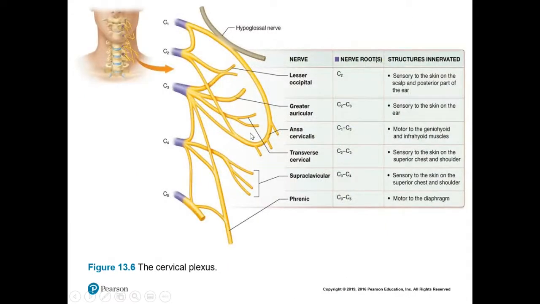Okay, so let's get a bit more specific. What we're looking at here is the cervical plexus. Okay, so look at the branchings of these nerves, C1, C2, C3, 4, and 5. So it starts as a big bundle of axons, but ultimately it's going to go ahead and branch out into many, many divisions, more than what we're looking at here.